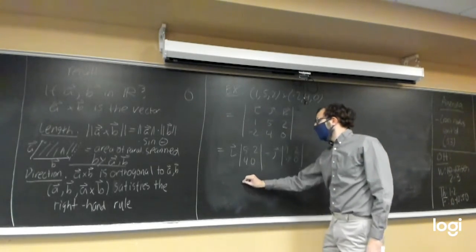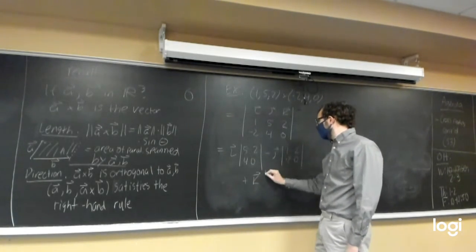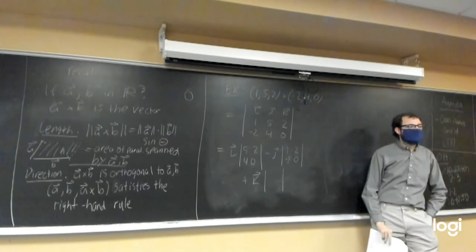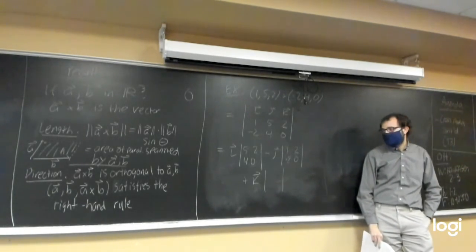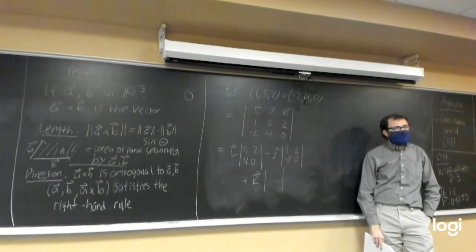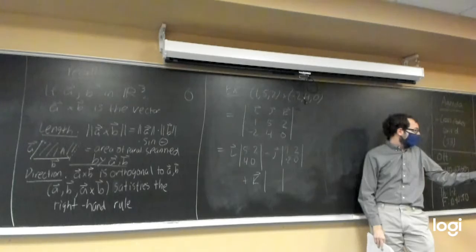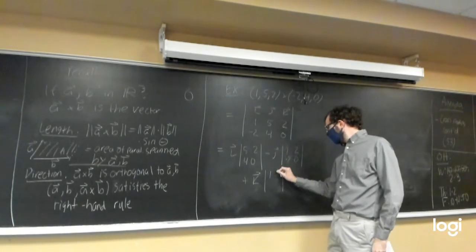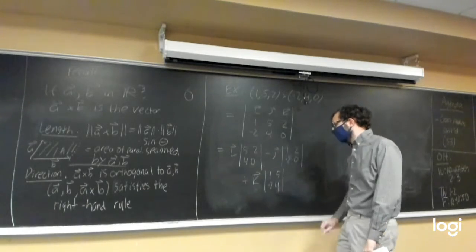Finally, we're going to add to that vector k times which last 2 by 2 determinant are we going to need to find? 1, 5, -2, 4.